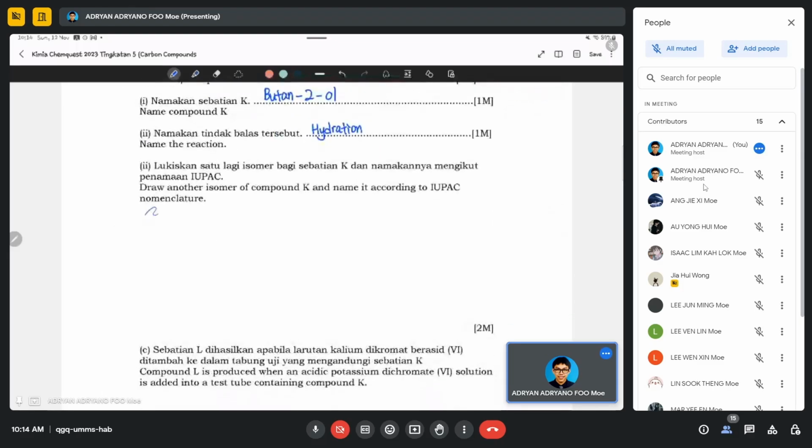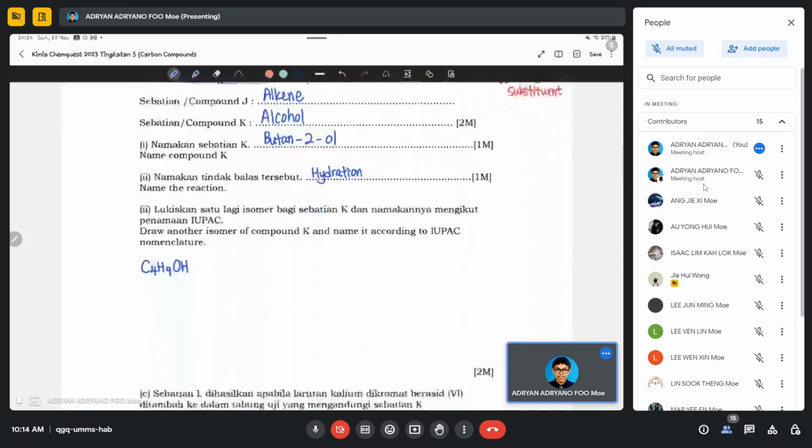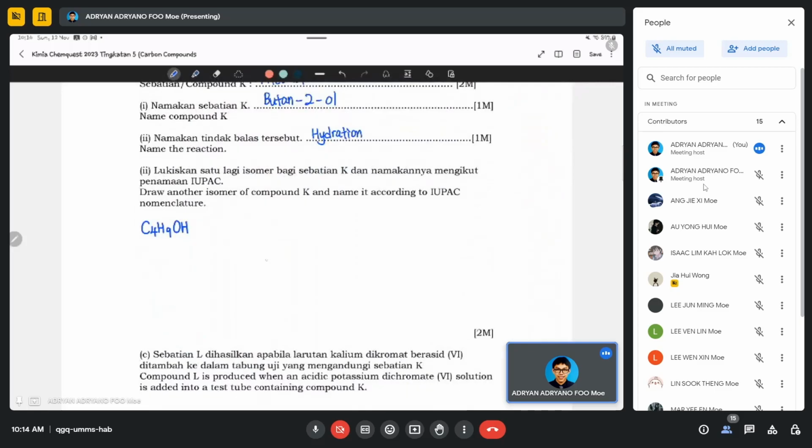Okay, 我们写了 C4H9OH. Okay, this is the molecular formula. So I want to draw isomer. 刚才已经有 butan-2-ol 嘛，是不是？所以我就画回 butan-1-ol 咯。怎么样画 butan-1-ol？Okay, 我每次教学生的是这样，第一个 step，你要画基本 structure，你把你所有的 carbon 画出来先。Okay, 你把有4个 carbon 嘛是，所以你画4个 carbon.